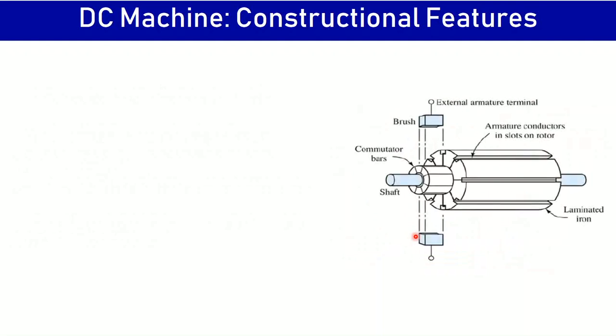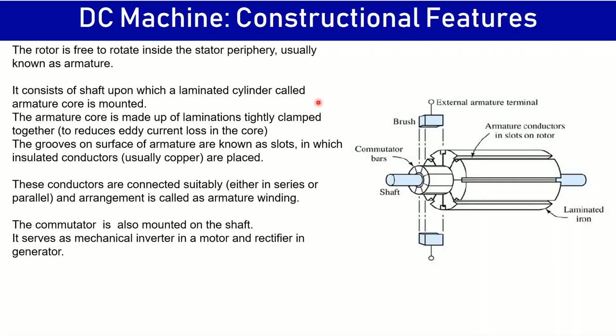As far as the rotor is concerned, it consists of a shaft on which the commutator and the armature core are installed. The armature core has slots in which the conductors of the armature winding are placed. So this rotor is free to rotate inside the stator periphery, and this rotor is called the armature.